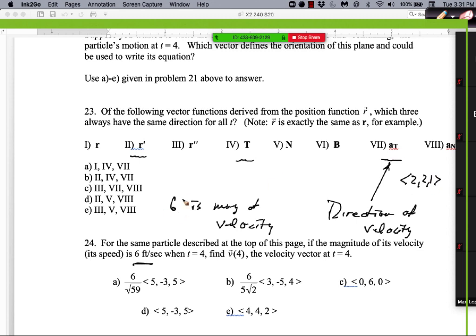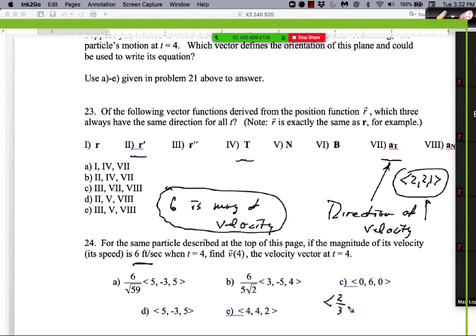This goes back to a question we've seen many times in the course: write a vector whose magnitude is that and is parallel to that one. So we do the unit vector and multiply it by 6, if you remember that. The magnitude is the square root of 9, so we'll have 2/3, 2/3, 1/3 times 6.